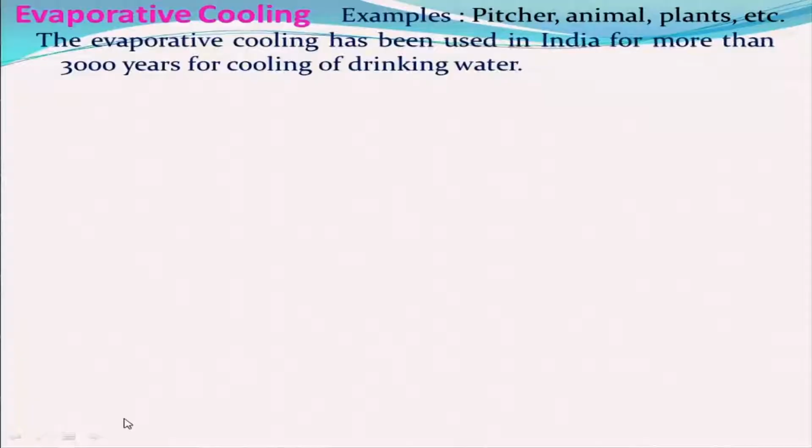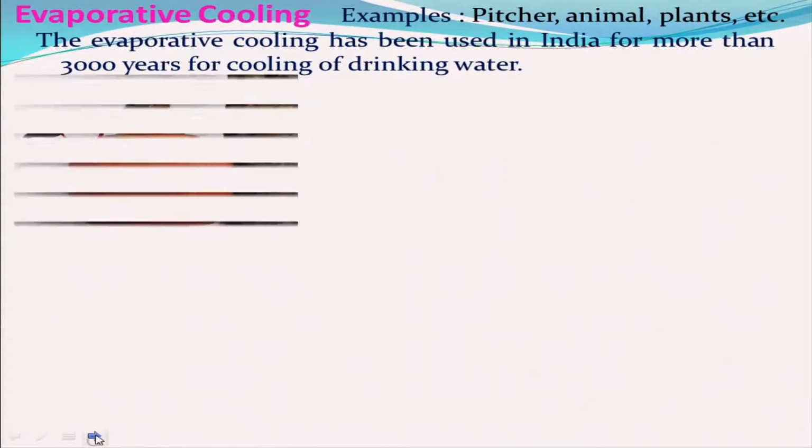That is why we sweat, and then that will be evaporated and our body will maintain its temperature. As I told, evaporative cooling is known to us for more than 3000 years, used for cooling of drinking water.